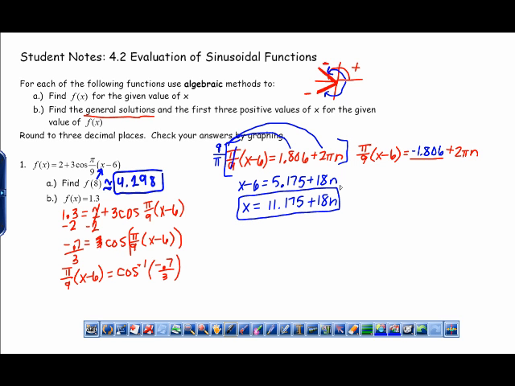Let's come over here and do the same thing. I'm going to multiply by 9 over pi, separate it out that way, like this. And so again, cancel. I would be left with x minus 6 equaling, when I distribute here, I know in this particular case anyway, I'm just going to get negative 5.175.